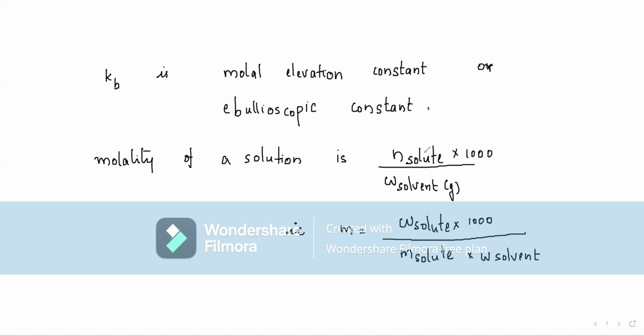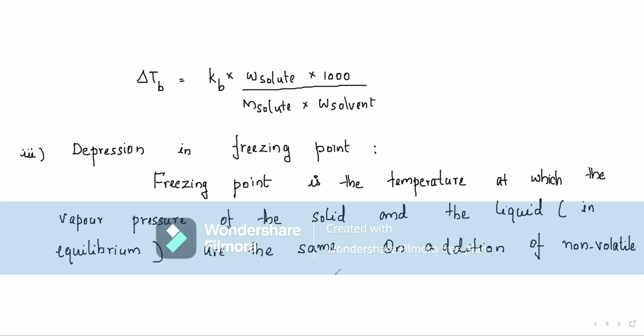So, I have written W of solute into 1000 by M of solute into weight of solvent. You are encouraged to learn this formula by heart. Delta TB is equal to Kb into W of solute into 1000 by M of solute into W of solvent. Avoid learning it as W1, W2, etc. Learn it like this so you are never confused.